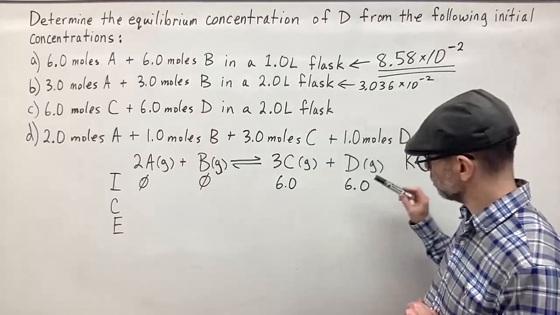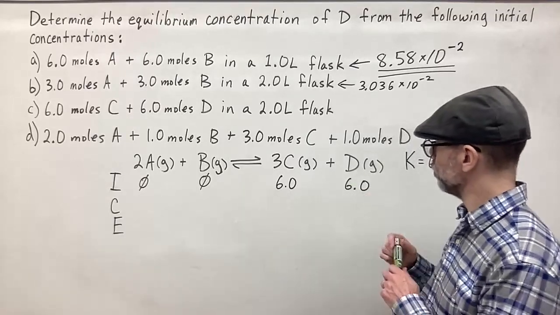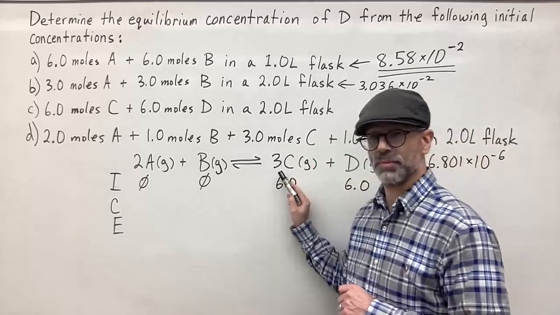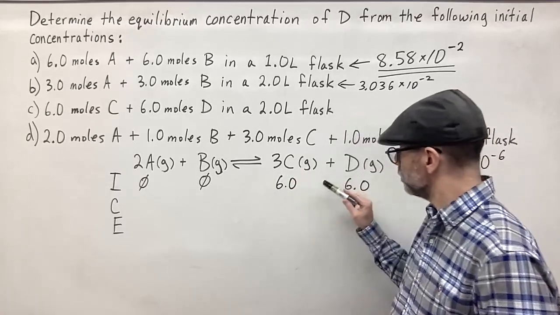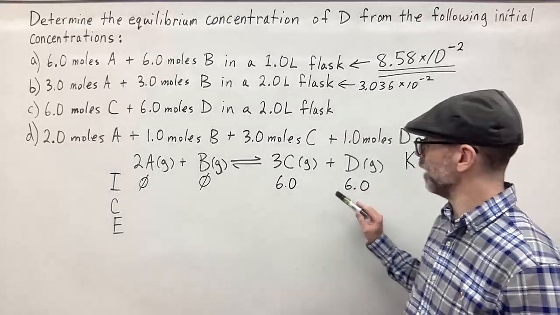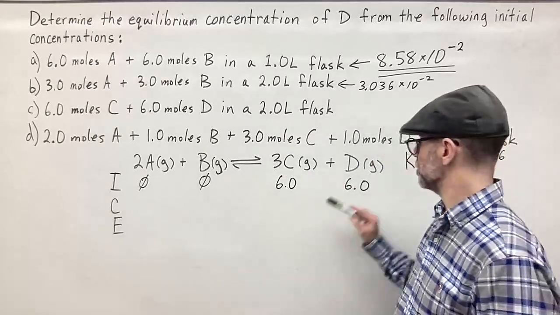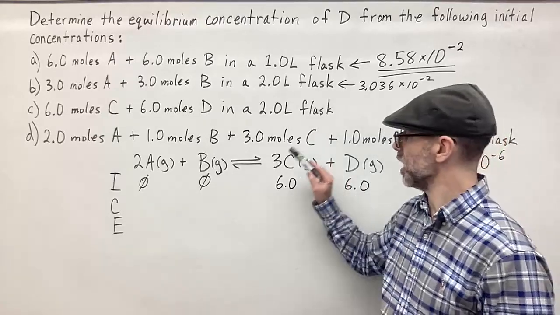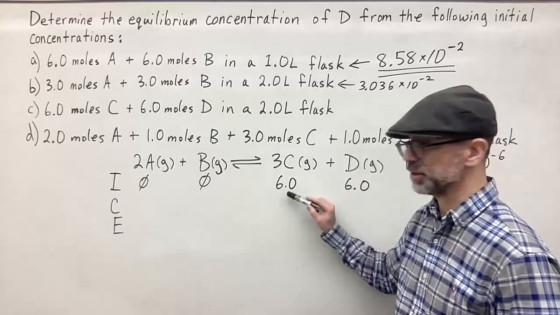So here, if I have 6 moles of D, and for every mole of D I need 3 moles of C, then in order to react completely with all of the D, I would need 18 moles of C, because 3 times 6 is 18.